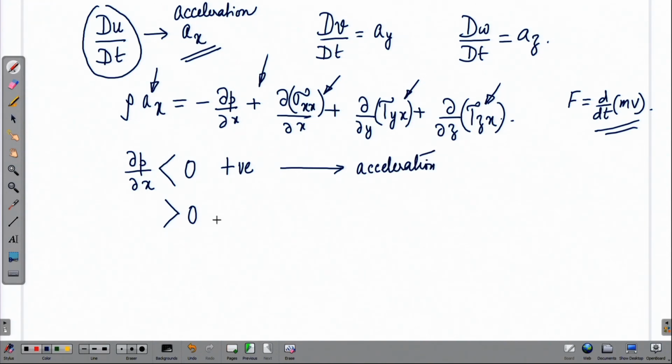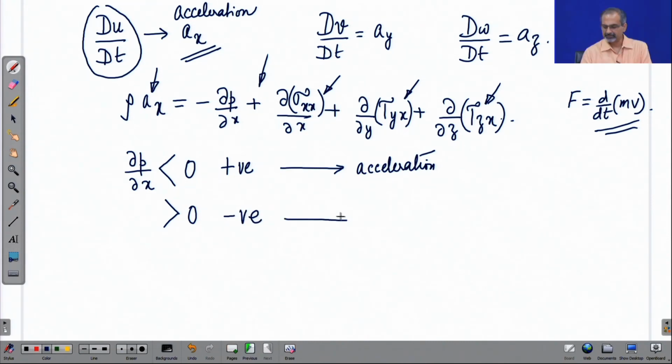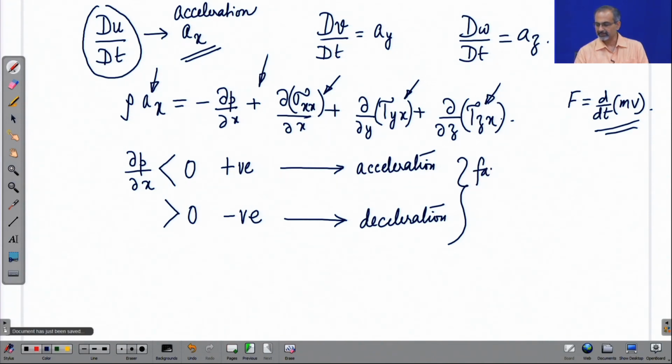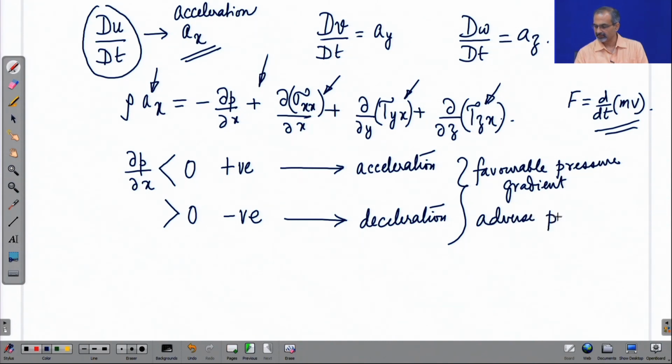However, if del p del x is greater than 0, you have a negative contribution on the right hand side, and that will certainly lead to deceleration of the fluid element. We have seen the effect of favorable and adverse pressure gradient on the state of a viscous flow earlier. Favorable pressure gradient assists the flow, while adverse pressure gradient resists the flow.